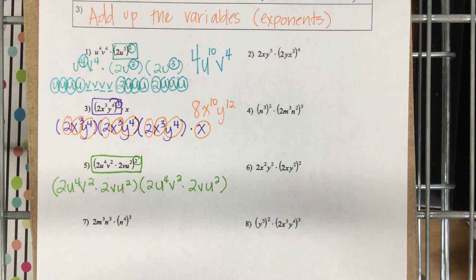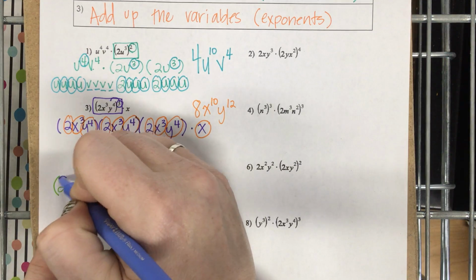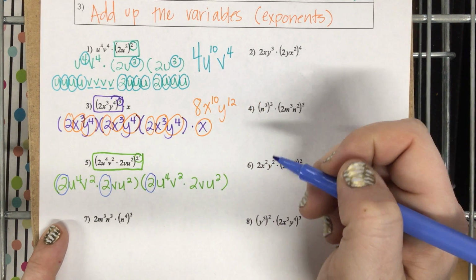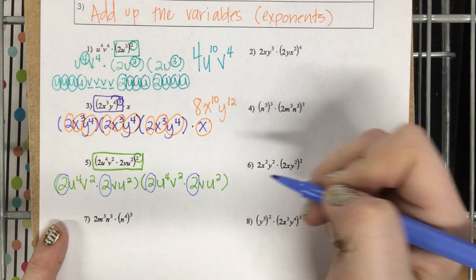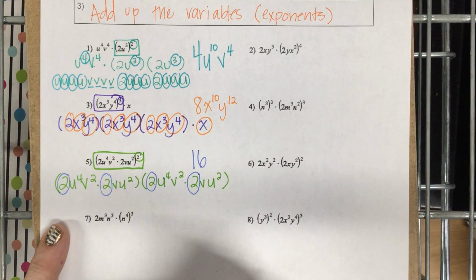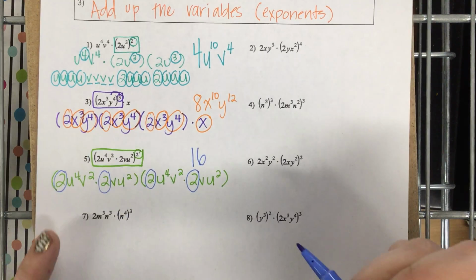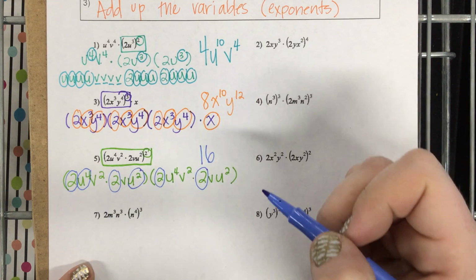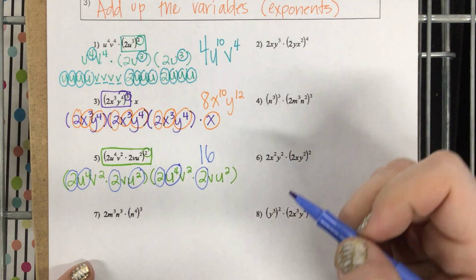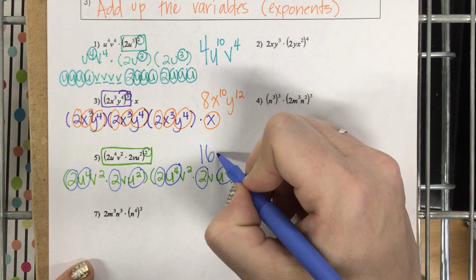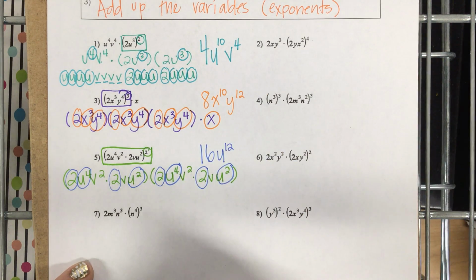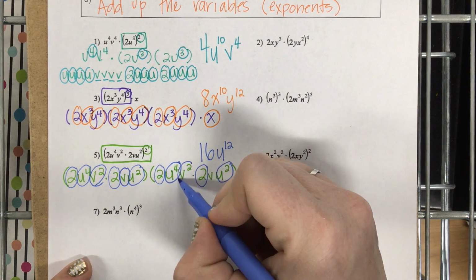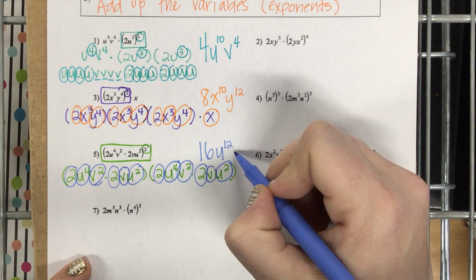Now I'm going to use my rules. 2 times 2 is 4, times 2 is 8, times 2 is 16. Now I'm going to count my u's. I've got 4, plus 2 more is 6, plus 4 more is 10, plus 2 more is 12. And now my v's. 2 plus 1 is 3, plus 2 more is 5, plus 1 is 6.